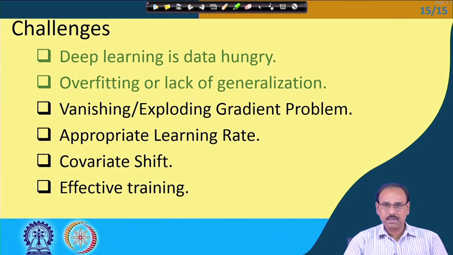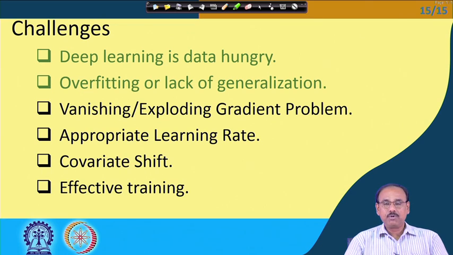While this information flows backward, in every layer the parameters or weights of the network are tuned or trained. And as the information flows from output to input side, with the depth of the network, the gradient of the error goes on reducing, and at a certain time that may even vanish. We will discuss this vanishing or exploding gradient problem a bit later.